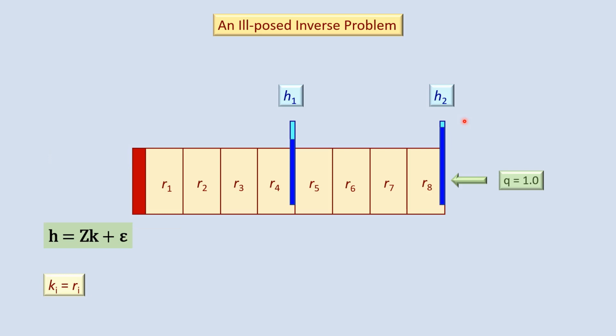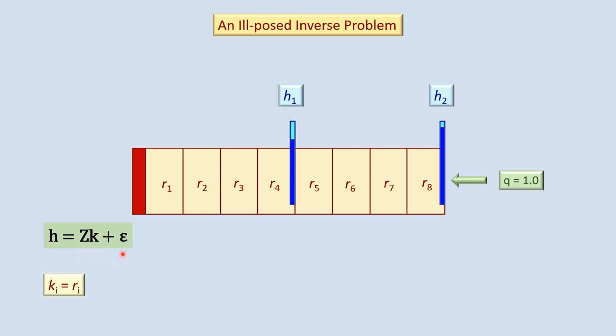So I'm going to use the same equation to characterize this problem as that which I've used in other videos. H equals Zk plus epsilon. What I observe, H, is the action of the model on the parameters, represented by the action of a matrix on a vector, plus measurement noise.